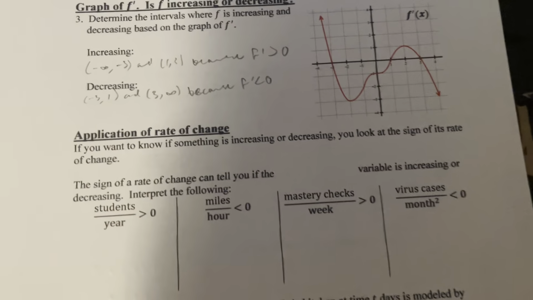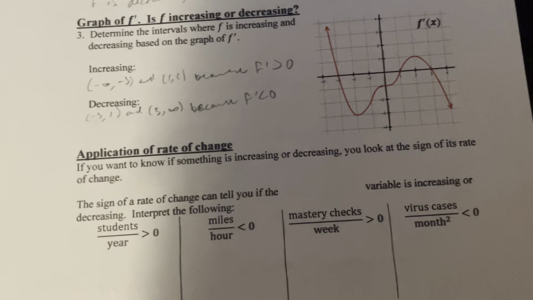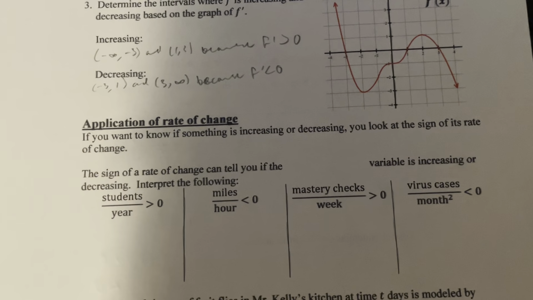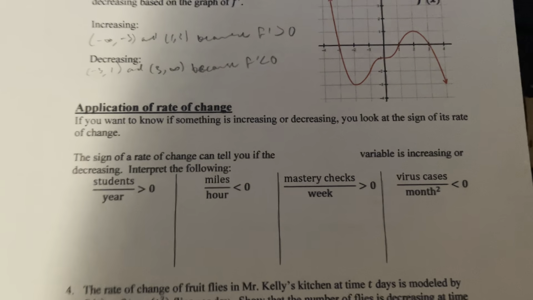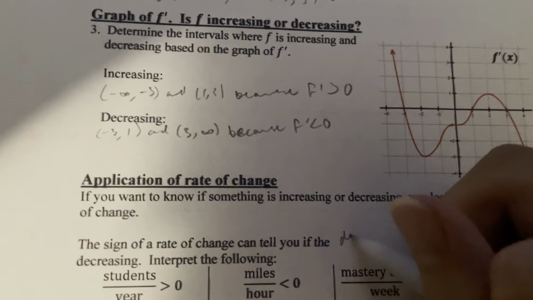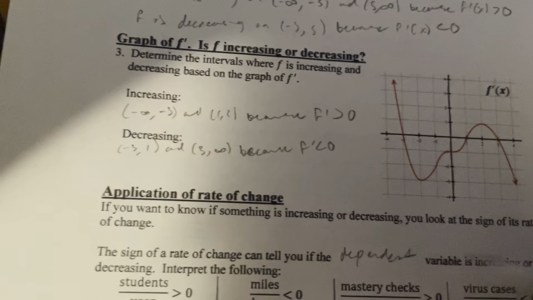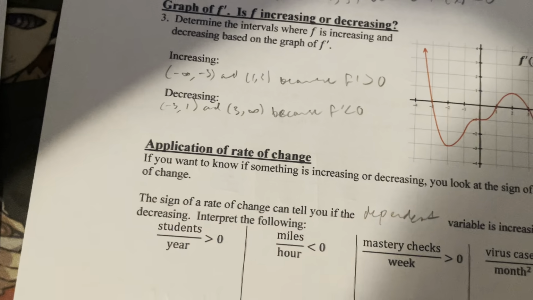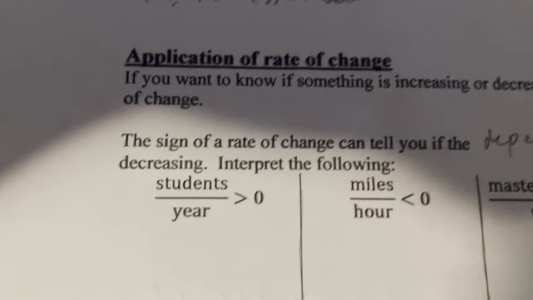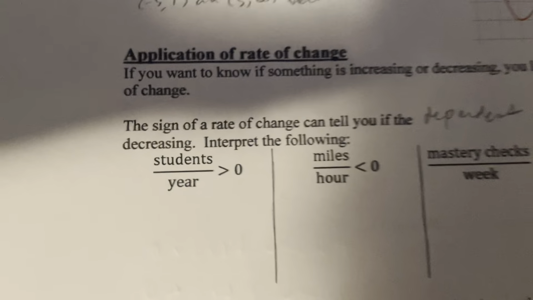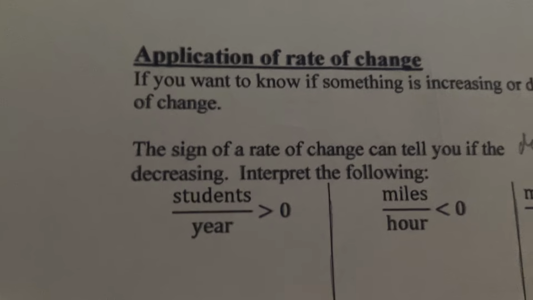Application of rate of change. If you want to know if something is increasing or decreasing, you look at the sign of its rate of change. The sign of a rate of change can tell you if the dependent variable is increasing or decreasing. Interpret the following. So students is our y value, or dependent value, and years our x value, or independent value.